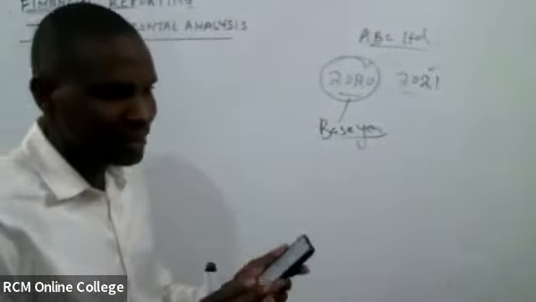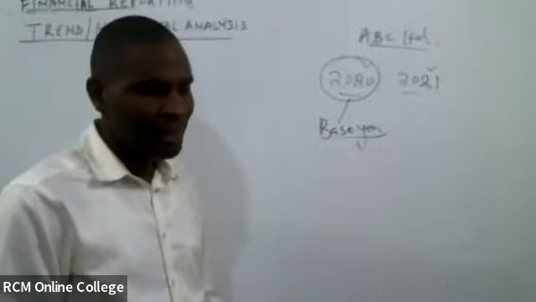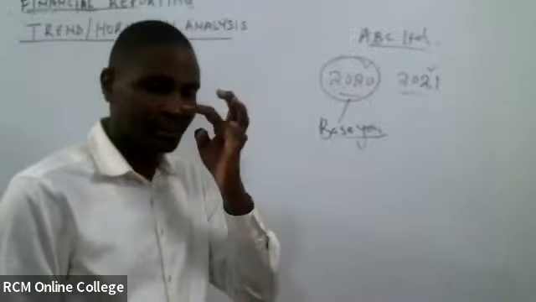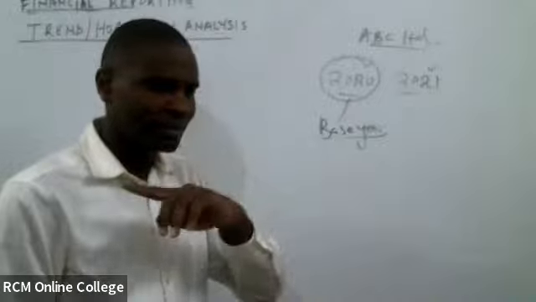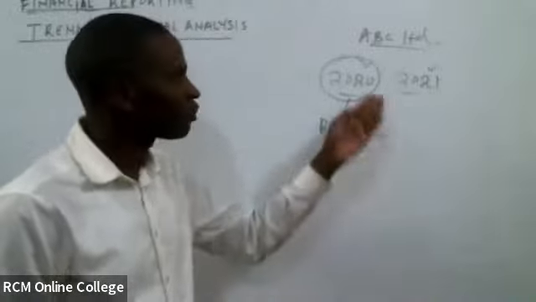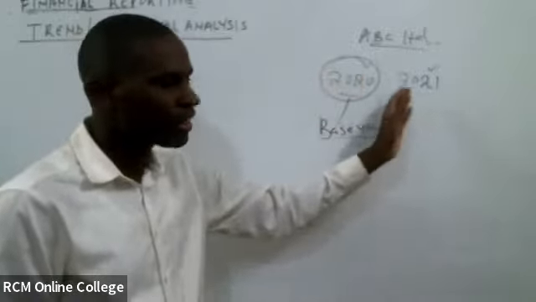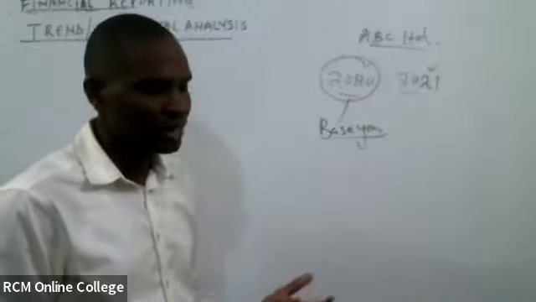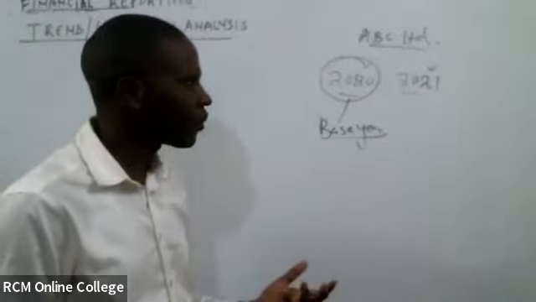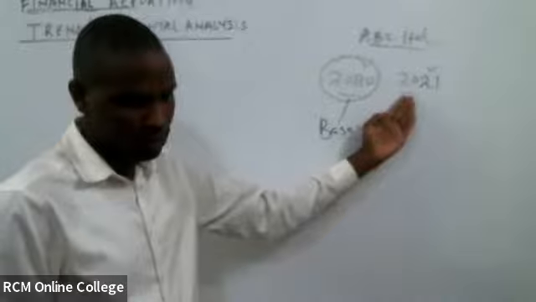The base year, you will know automatically, is the previous one, not the current. If we look between this and this, the current year as at now is 2021.